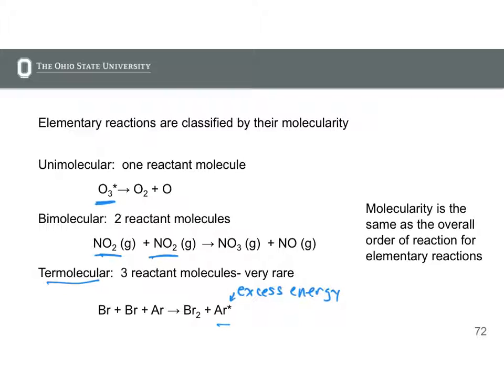But in many cases, the chemistry doesn't make sense without an intermediate. To imagine a reaction going from reactant to product, boom, boom, without something in between is actually difficult to imagine.